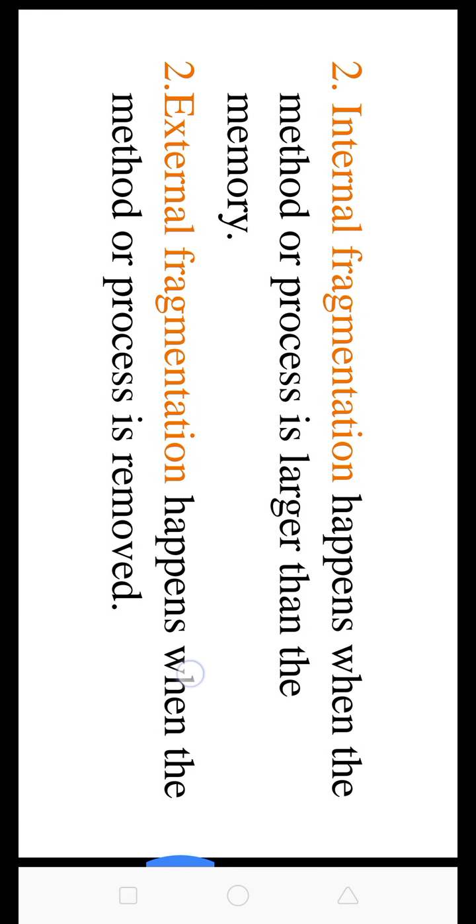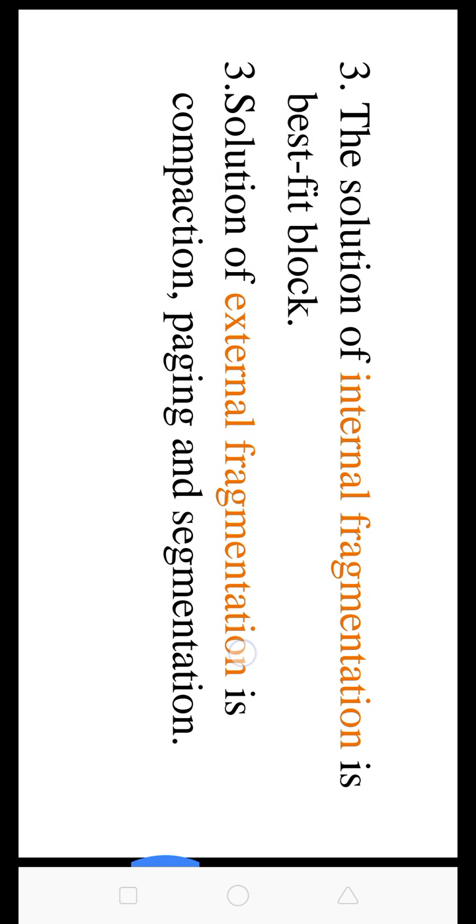The second difference is that internal fragmentation happens when the process is smaller than the memory block, as we saw in the previous slide. External fragmentation happens when the process is removed from memory. The third difference: the solution of internal fragmentation is the best fit block. The solution of external fragmentation is compaction, paging and segmentation.